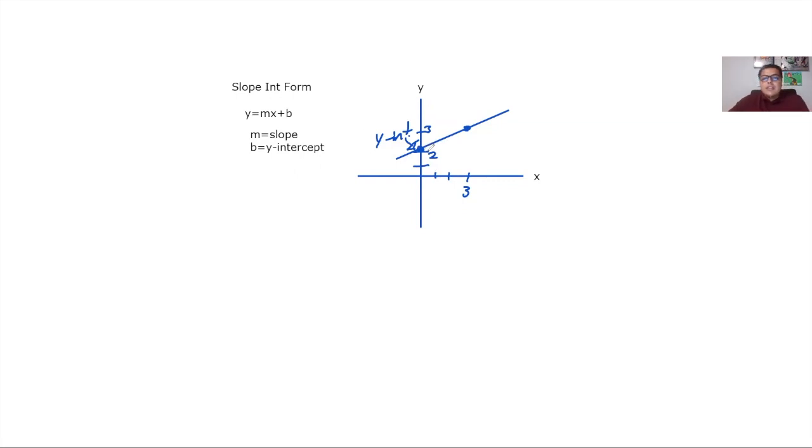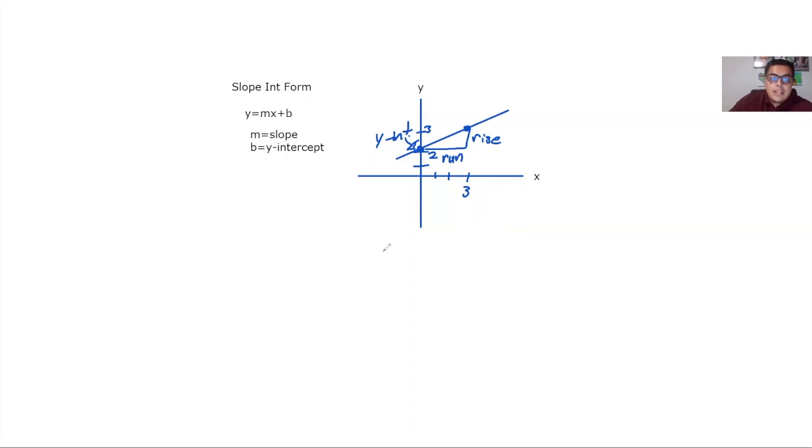So it's normally known as the rise over the run, where the rise is how far up or down your line goes from point to point, and your run is how far to the right your line goes from point to point.